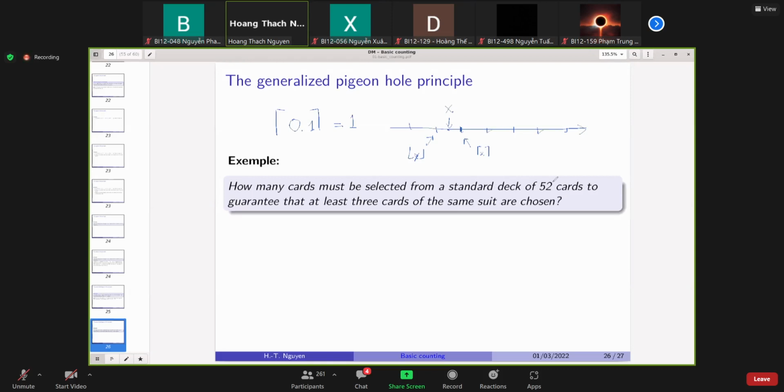You know that you have 4 suits: the heart, the diamond, the club, and the spades.